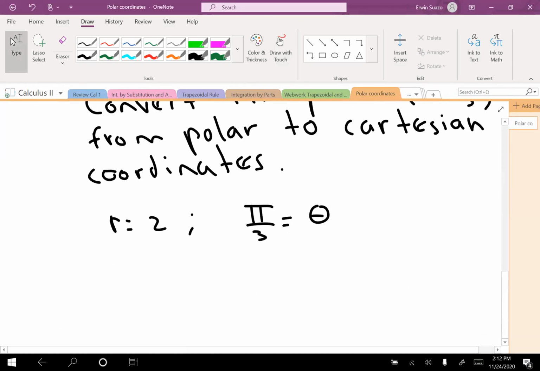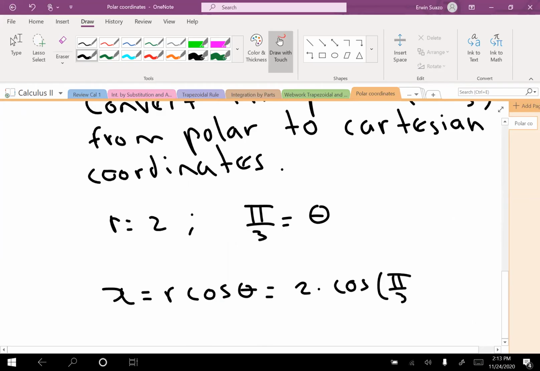So x is r cosine theta. We got r is 2 times cosine of theta. So this is 2, and what is cosine of pi thirds? Let's remember.